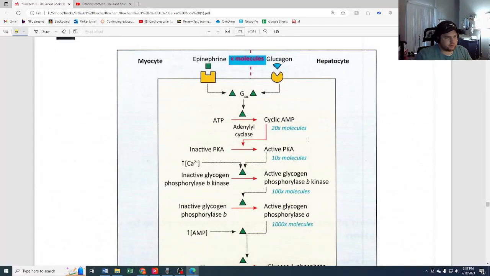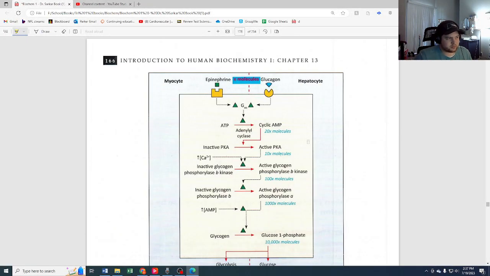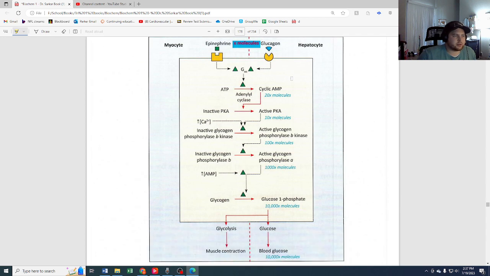So here we have that myocyte and the hepatocyte. Myocytes will have epinephrine. Hepatocytes will have glucagon acting mostly on them. But again, same thing is sort of happening: ATP, cyclic AMP, adenylyl cyclase.